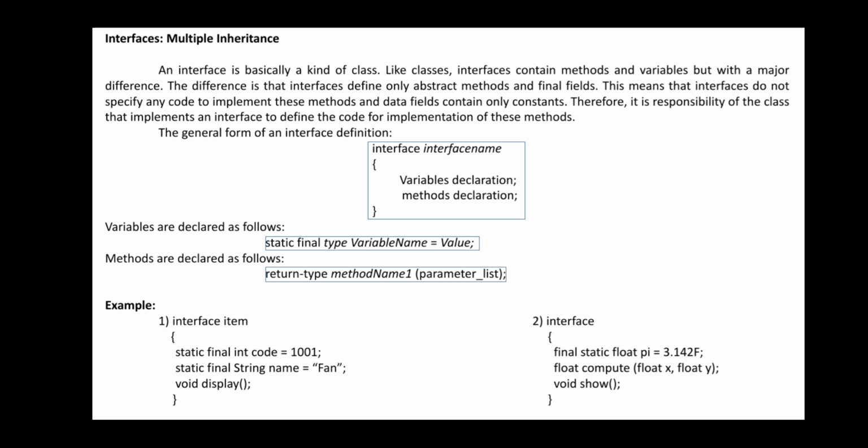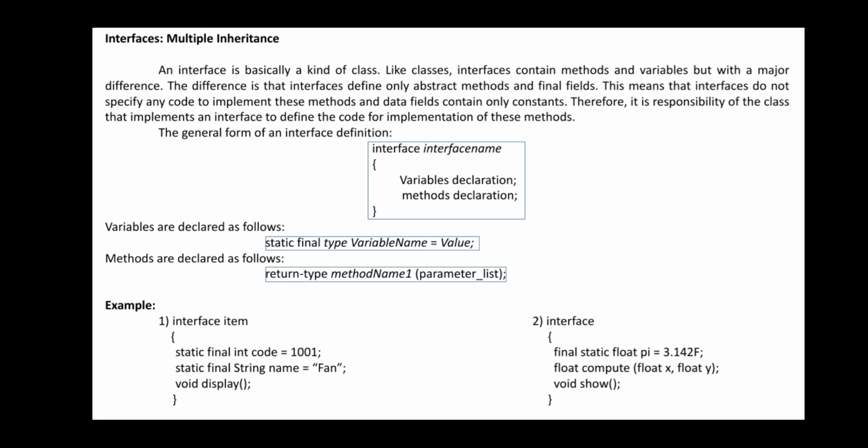The definition says that interface variables or methods are defined for constant values. You can use them, but you can't change any information within them. So for that sake, they will be prefixed with static final, type, variable name equal to whatever value you want to give. Methods are declared as follows: return type, method name, parameter list.